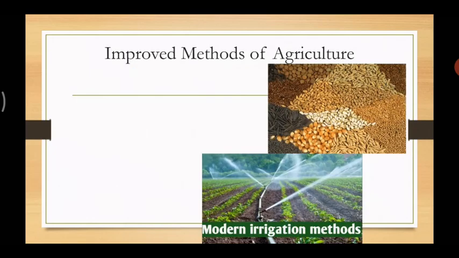Let's move forward. Next is improved methods of agriculture. We have just learned about different traditional methods. But the population of our country is increasing day by day. As you know, our population is going on increasing, and still the needs of all the people are being met.